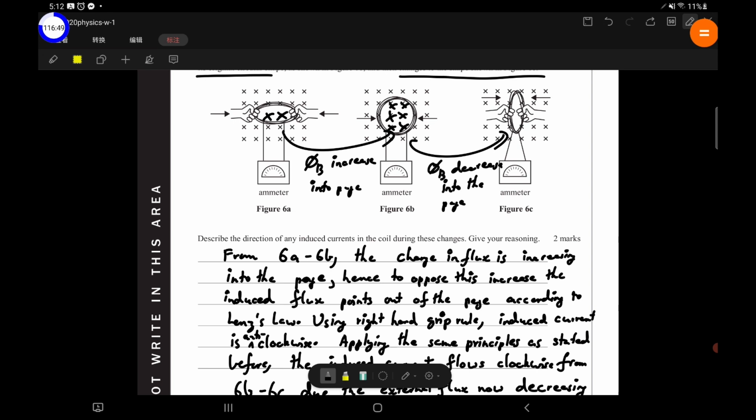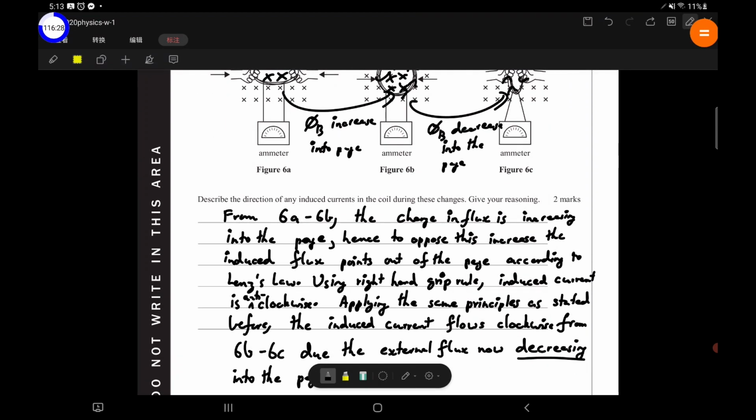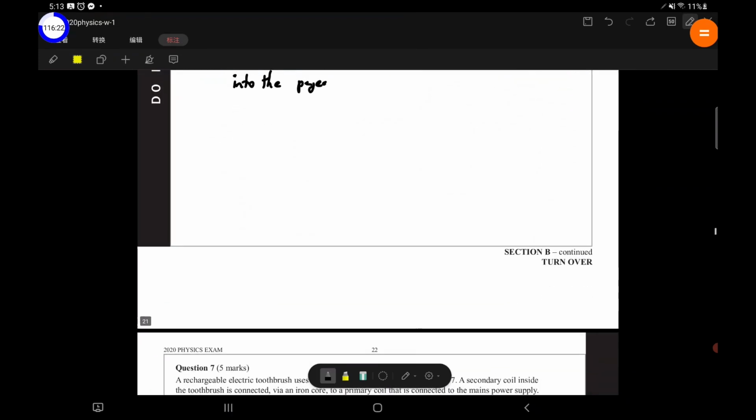So an induced current is anti-clockwise in here, and then the induced current starts to flow in a clockwise direction due to that change in the magnetic flux, if you understand what I'm trying to say. So before it was an increase in flux, now it's a decrease in the flux. So the current swaps around, and hence we have almost like an alternating current flowing through.